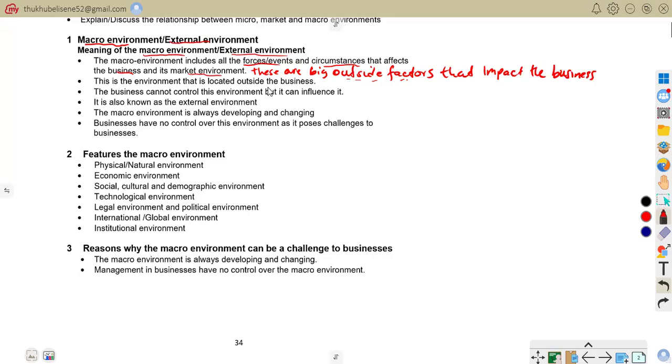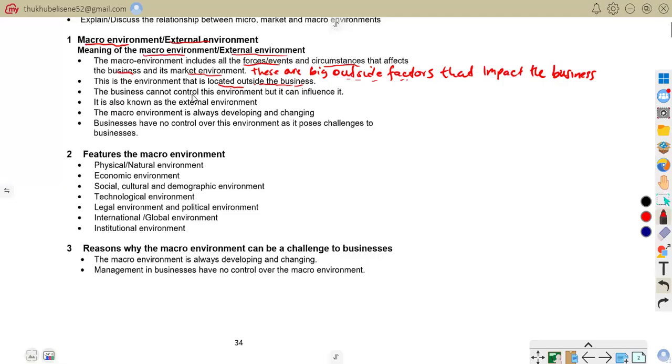You cannot control the macro environment. It is located outside the business. These factors come from outside business operations.